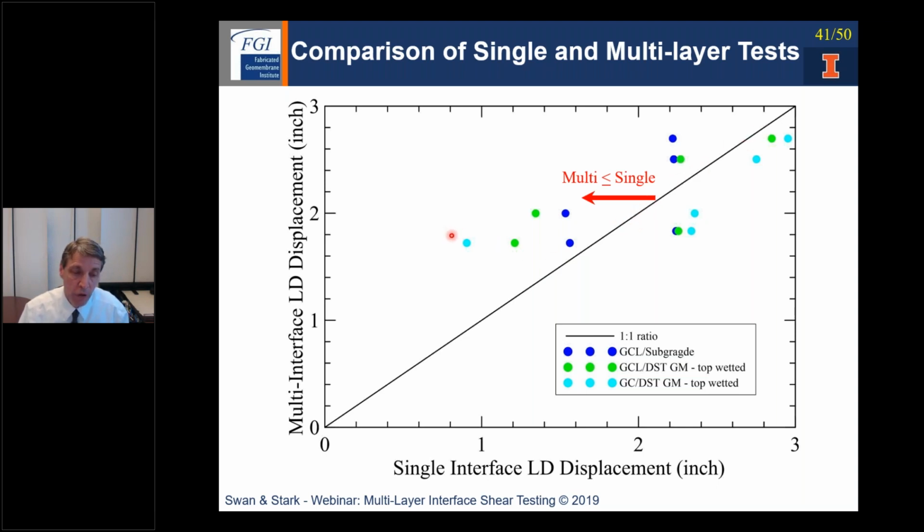There's a point over here where the large displacement from single interface is less than an inch and about 1.6 or 1.7 inches from the multi-interface. But again, scattering about the one-to-one line. So in this data set, not a huge difference between single and multi-interface shear displacements.